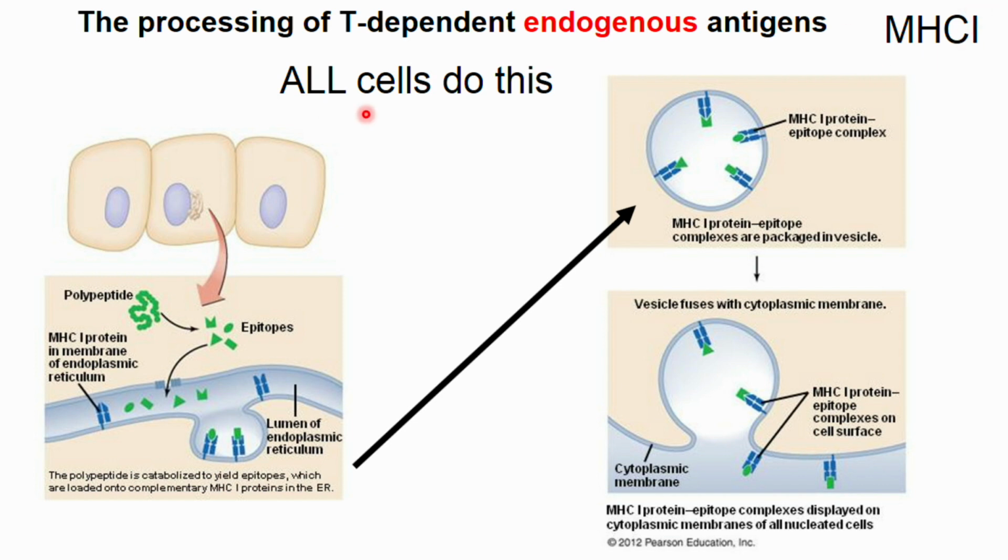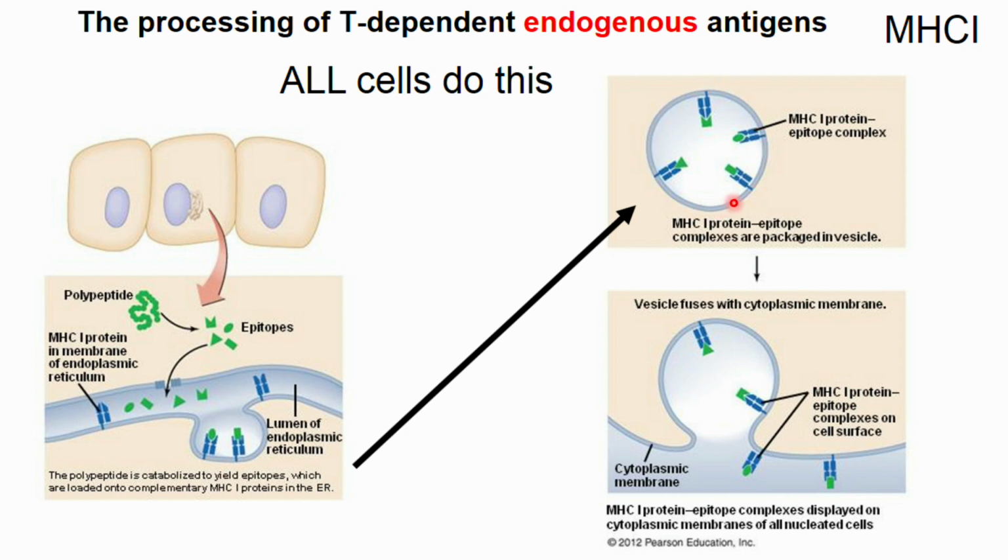Again, all cells do this. So right now in your body, you have a bunch of cells that, if we were able to peer inside, we'd see that normal, regular proteins are being chopped up and loaded into the MHC1 protein. Once it's loaded up, it looks like this, because these are different pieces and parts of it, and then they're zipped up into this vesicle.